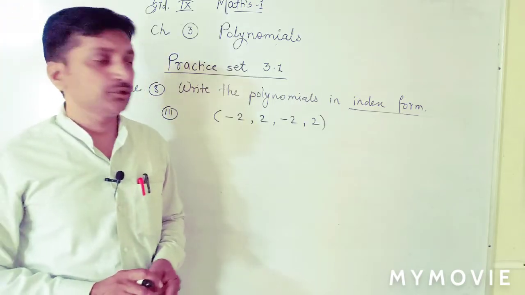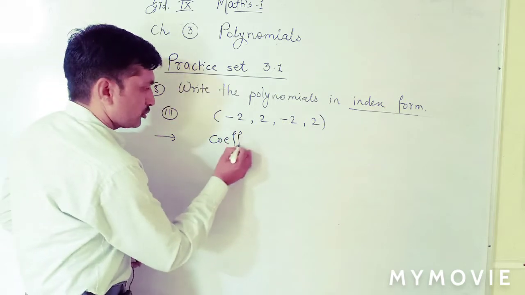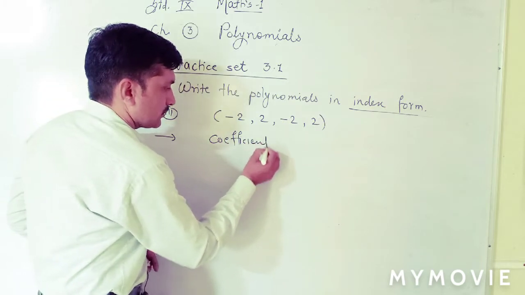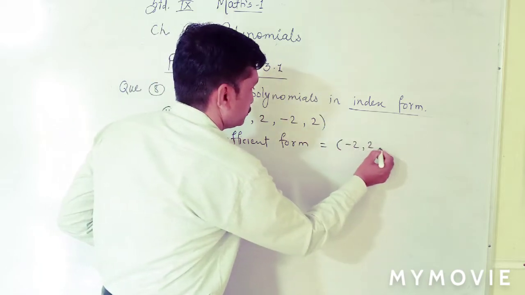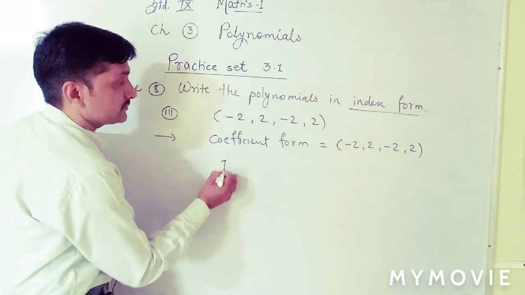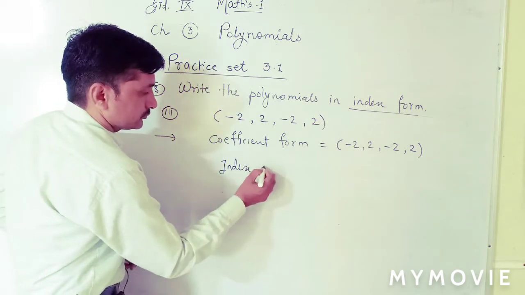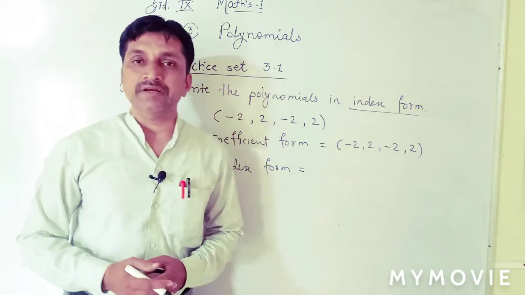The third polynomial in coefficient form is given. Coefficient form is minus 2, 2, minus 2, 2. Just write that in index form. Index form is equal to, we are using the x variable.